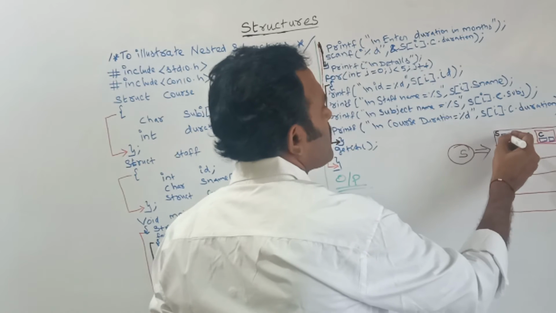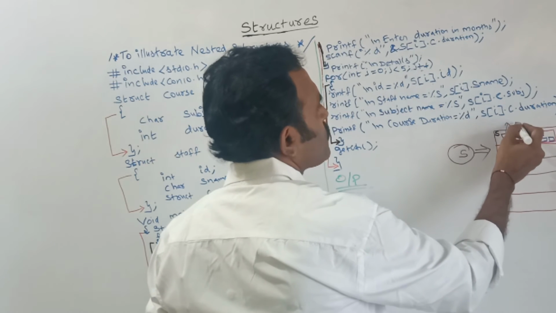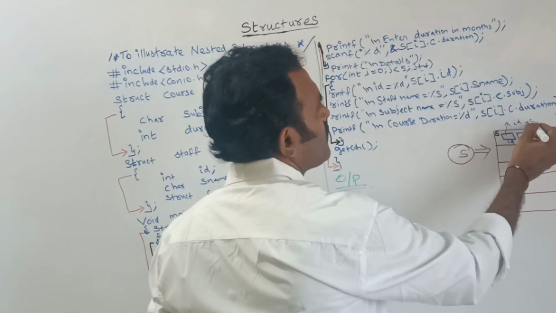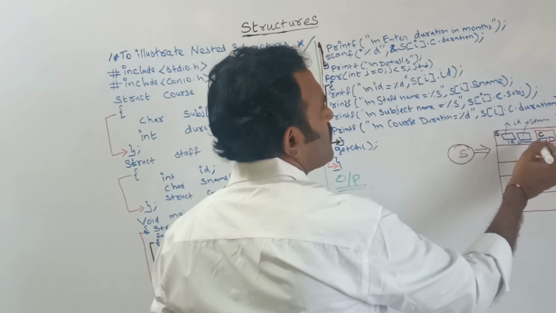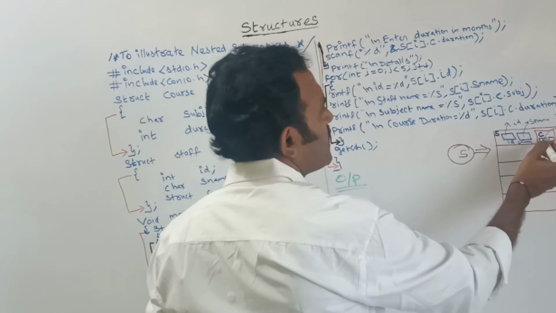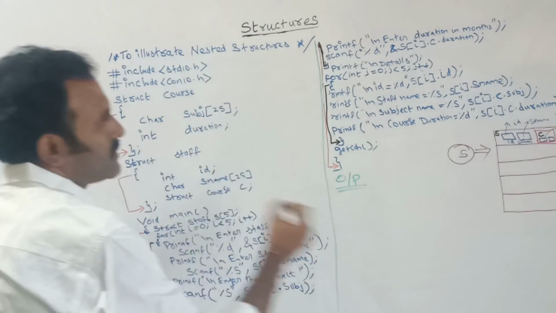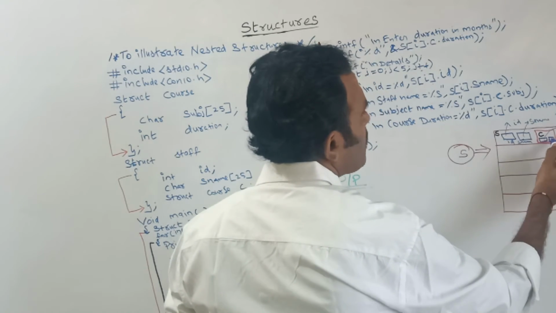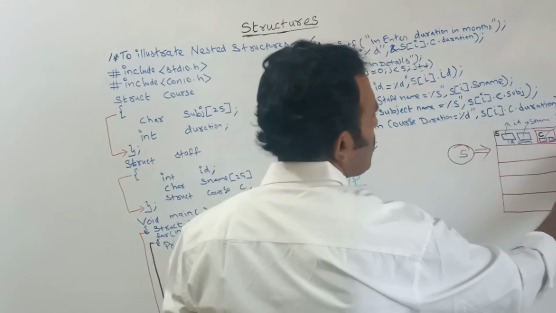This structure member is used to store ID and staff name, and inside this structure member C it holds subject and duration.